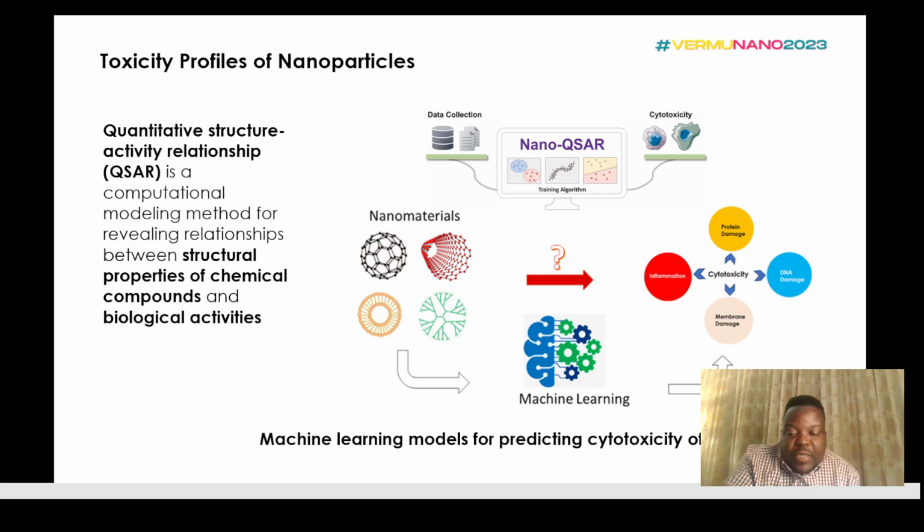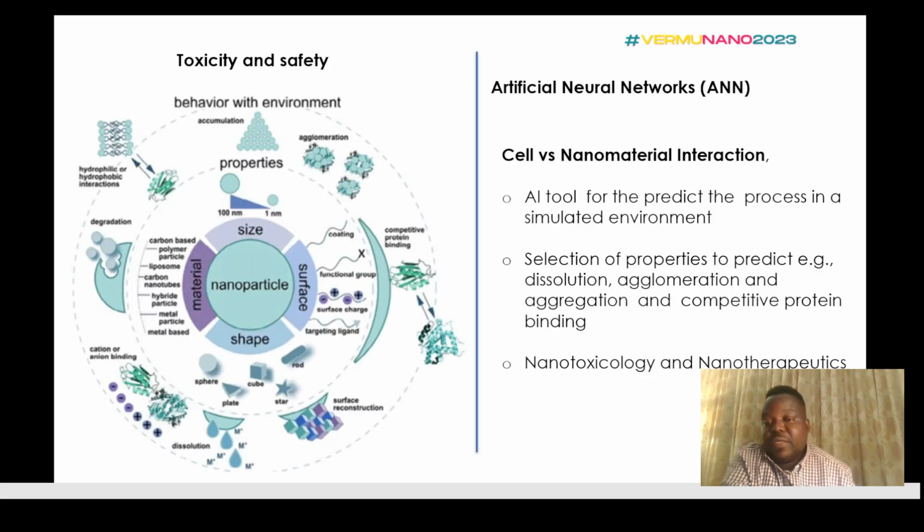Studies show that machine learning models can predict the cytotoxicity of nanoparticles. Different nanoparticles can cause different effects: the particle can damage the membrane, damage the DNA, bind to and damage proteins, or cause inflammation. So AI can predict those effects of nanomaterials before you conduct lab research or testing in animals, humans, or cell culture.